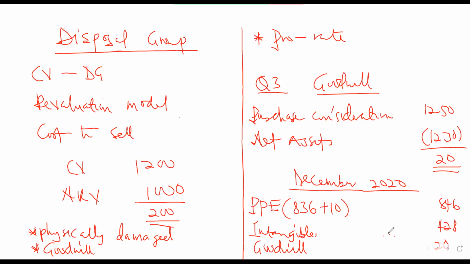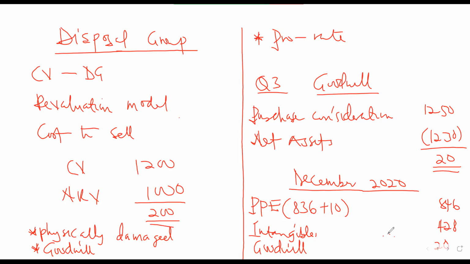That 62 will be shared among which assets? Which of the assets over here are likely to be impaired apart from goodwill?